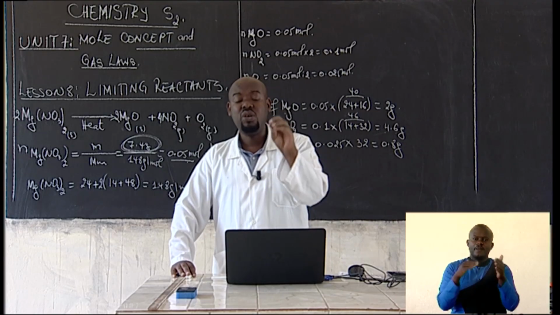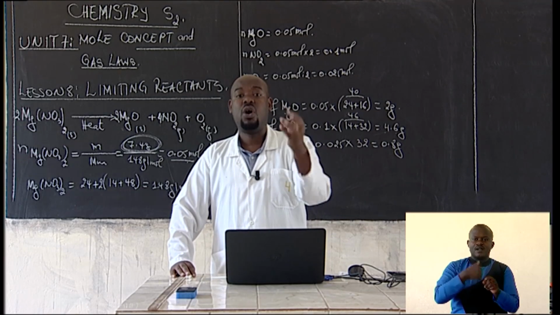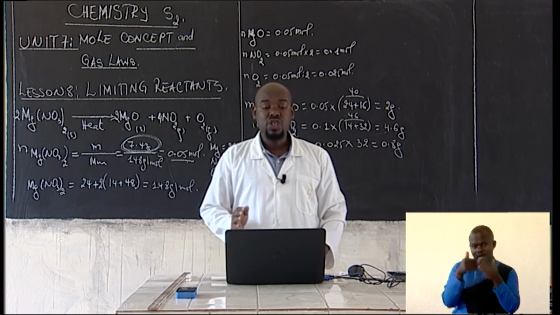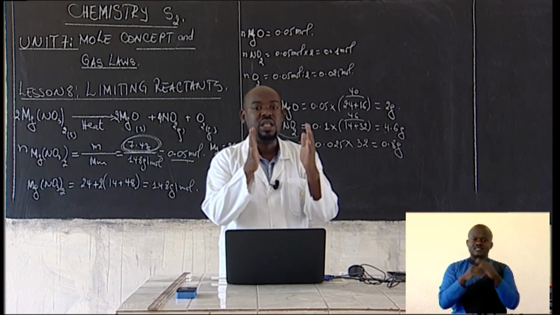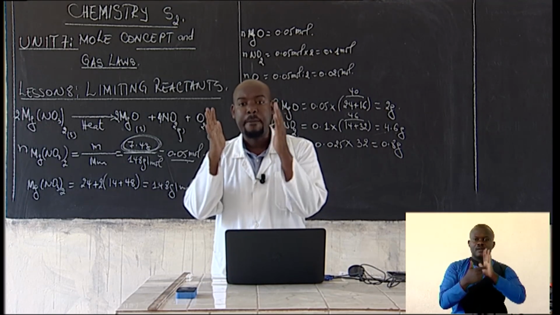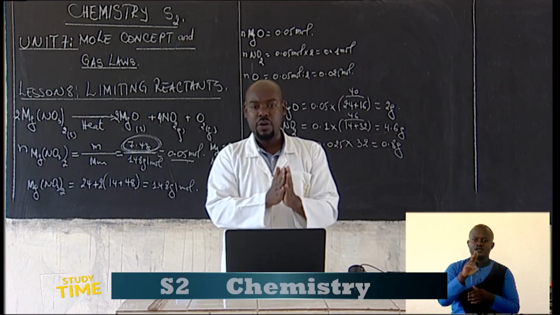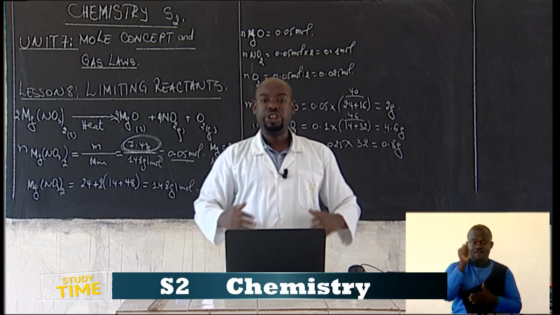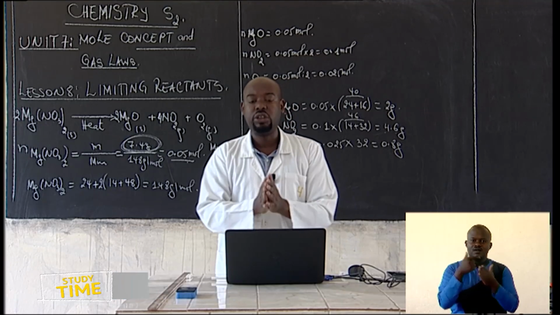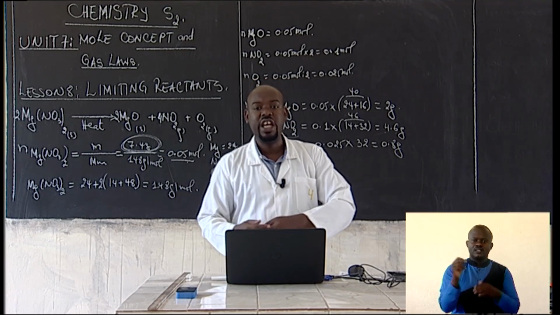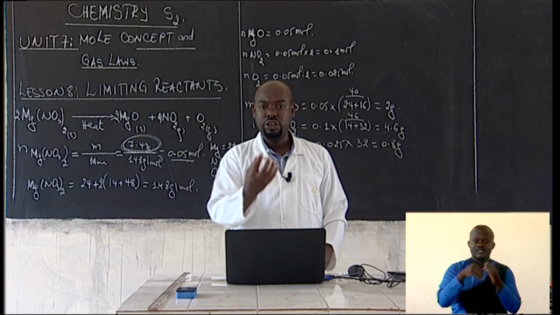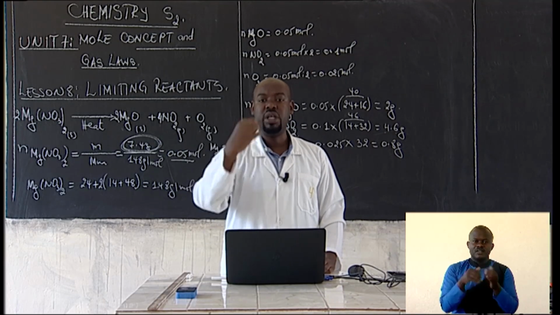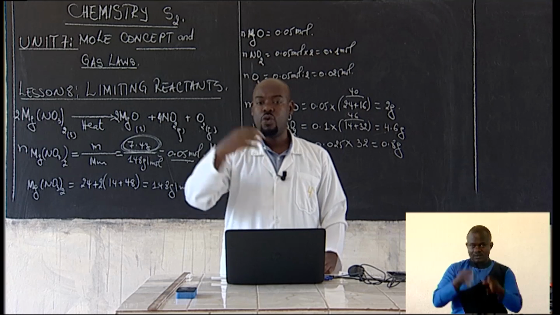And it also has an impact on the products that will be formed. Why? Because it is the one which will determine the amount of products that will be formed. If you have oxygen that is to react with hydrogen, but you have oxygen in excess and hydrogen in a small amount, the hydrogen is the one which will determine the amount of water to be produced.